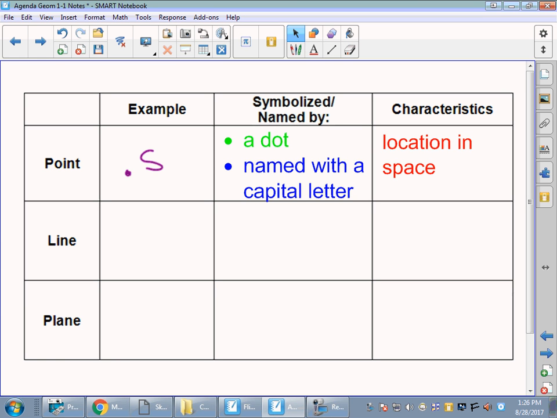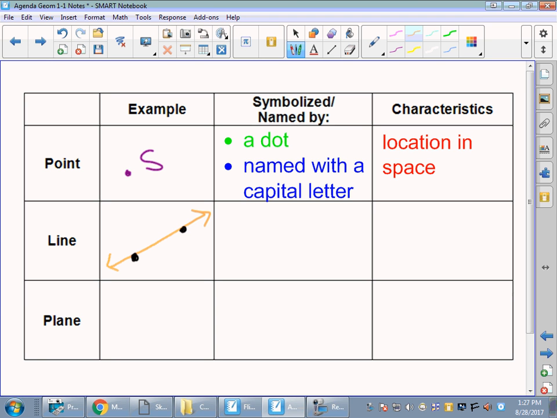A line, we know what a line is. A line is technically a set of all points, but we're going to usually name specific points on that line. So I'll put 2 points on my line. Notice the line's got arrows on both ends because it keeps going forever into infinity and beyond.